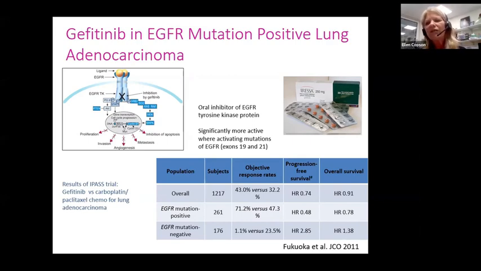And of course, we now have a host of targeted therapies, such as gefitinib and the EGFR inhibitors, and more recently the ALK inhibitors as well. So genomic information has really transformed the way we are treating patients in our clinic.